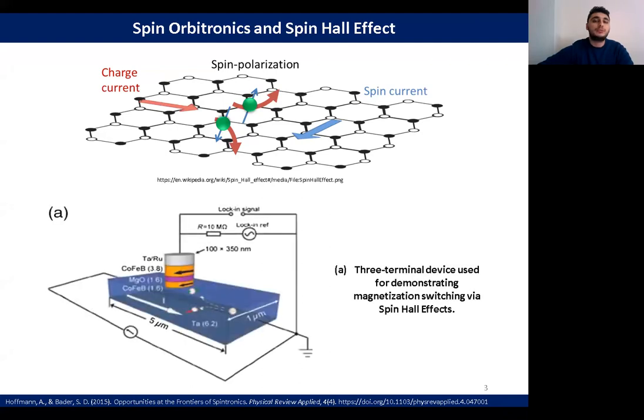Okay, if you look at the figure, we see a three-terminal device used to show the magnetization transition with the spin Hall effect. By passing current through the tantalum layer, as you can see, spin accumulation occurs with the CoFeB, magnesium oxide, CoFeB tunnel junction stack.